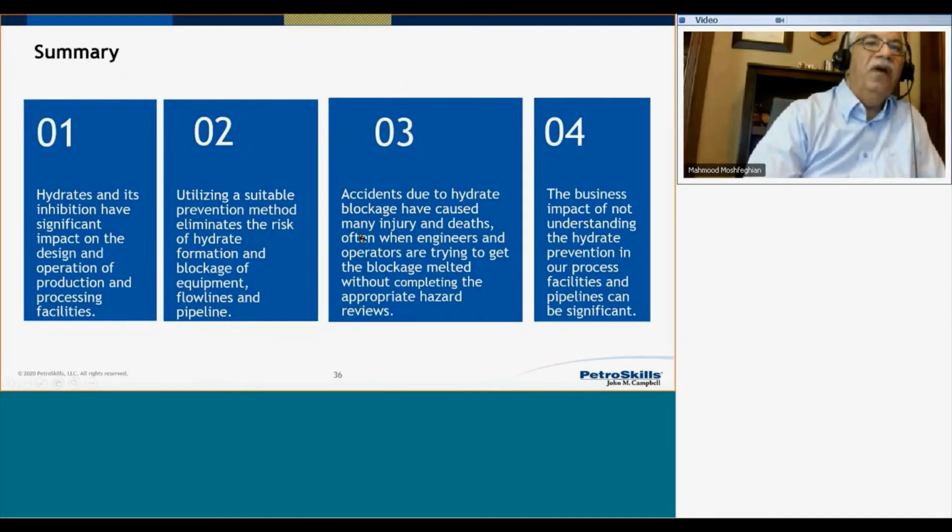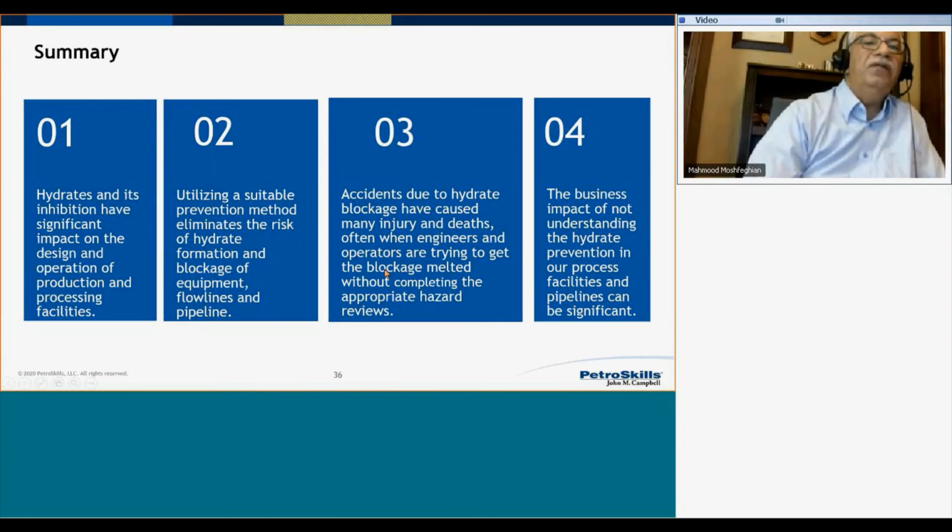Accidents due to hydrate blockage have caused many injuries and deaths, often when engineers and operators are trying to get the blockage melted without completing the appropriate hazard reviews. In the past, they injected methanol from one side of the pipeline.